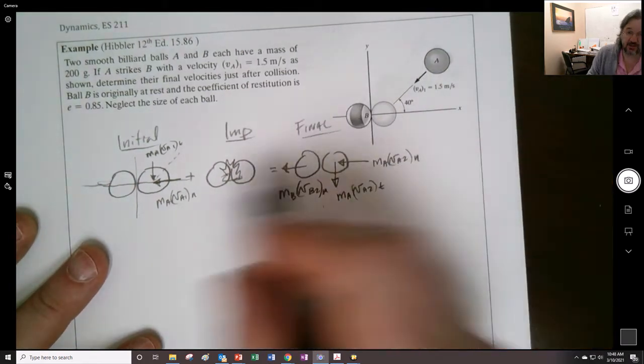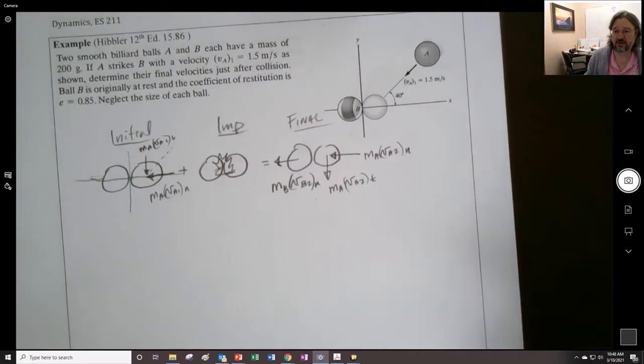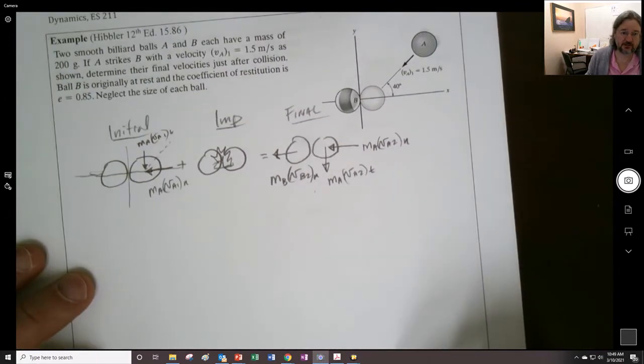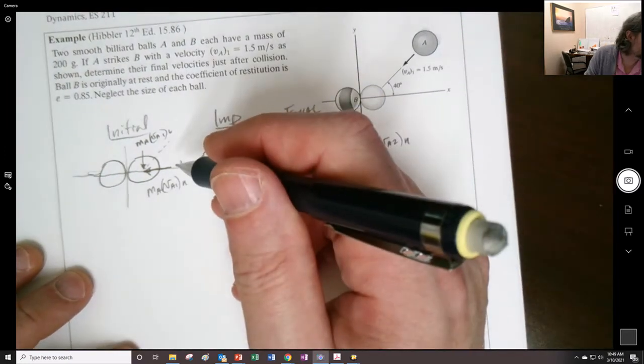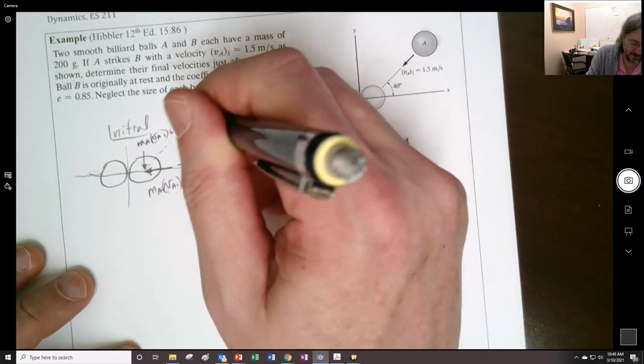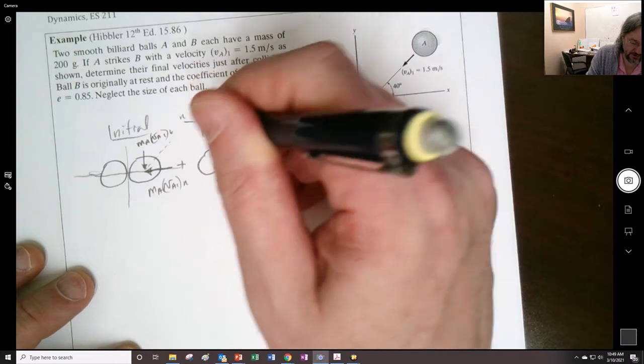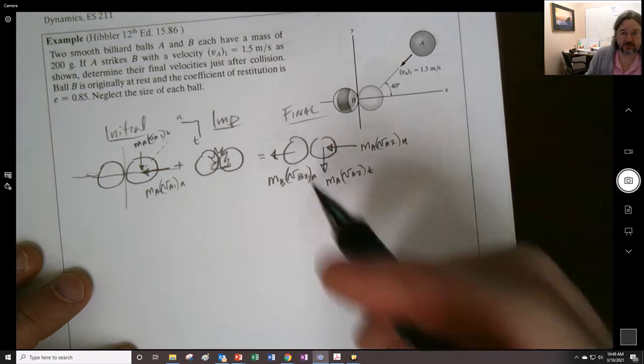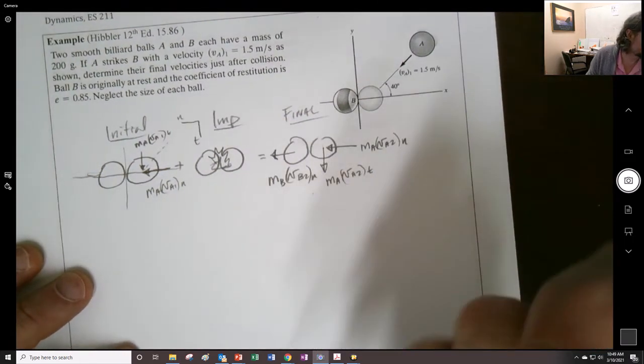I decided to keep it going. Let's say that it keeps going. It could bounce off all the way back, but let's assume that it's going to go to the left right there. And if we wanted to be nice to ourselves, let's make normal in that direction and tangential in that direction. Make everything positive. We could choose anything we want it to be, as long as we're consistent.